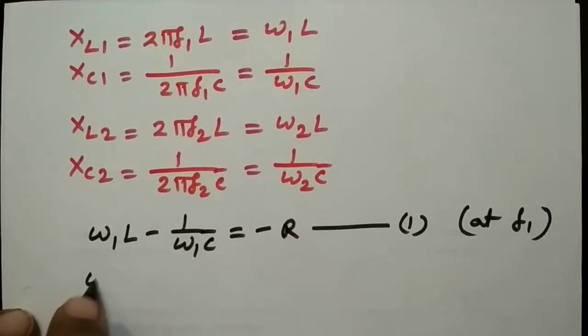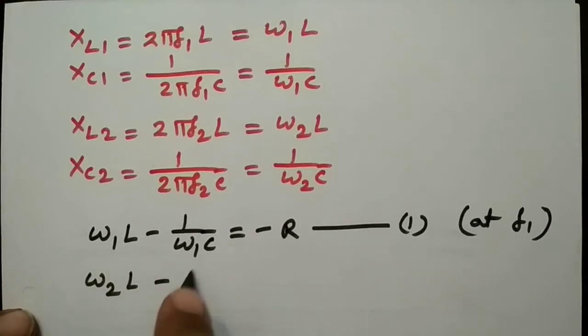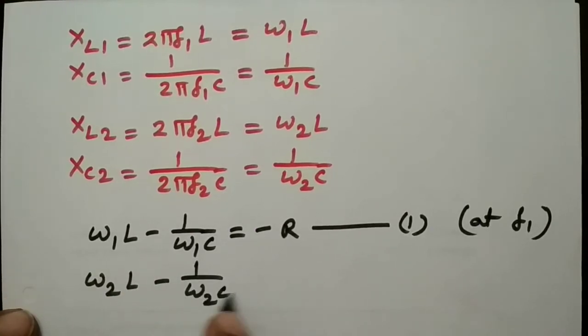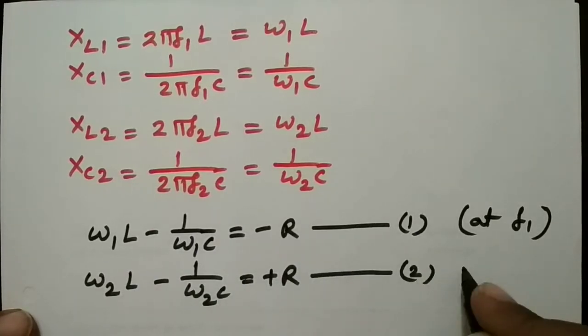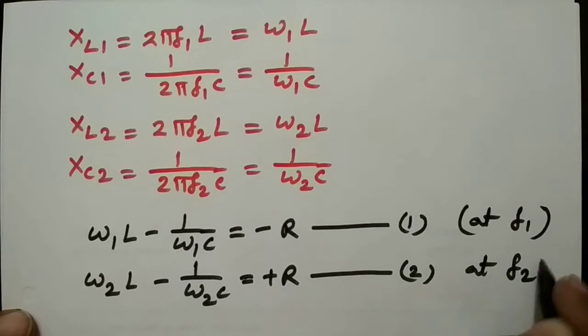And similarly, omega 2 L minus 1 upon omega 2 C is equal to plus R. This is equation number 2, at F2 frequency.